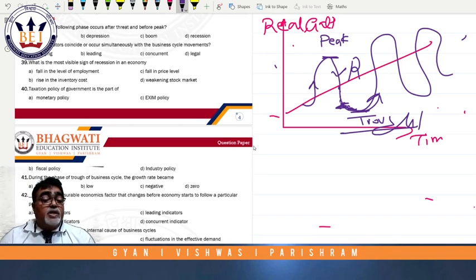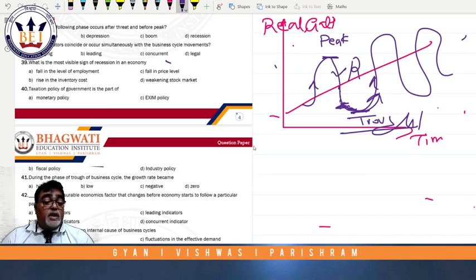Now coming to my question 37. Which of the following phases occurs after trough and before peak? After trough and before peak, obviously it is the upswing of the business cycle.